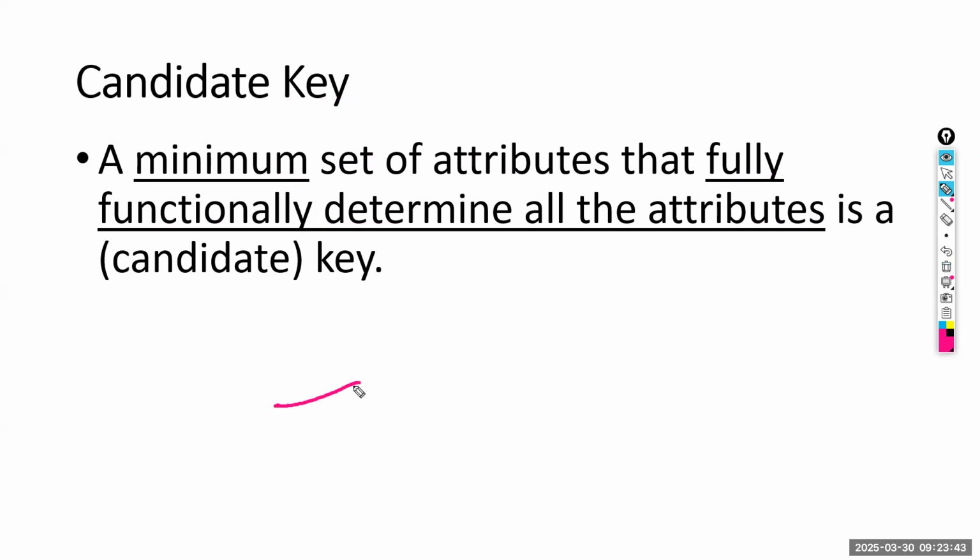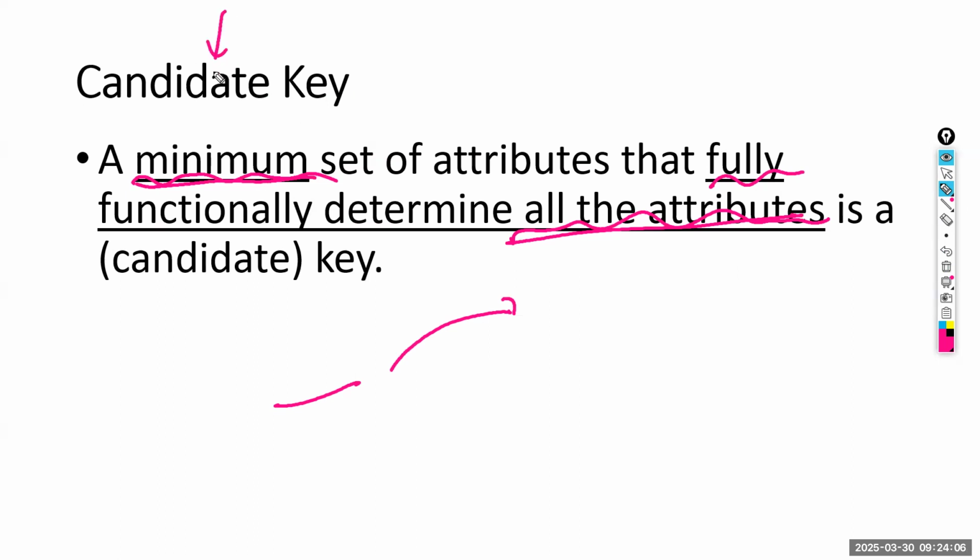That means your candidate key must fully functionally determine all the attributes of that relation. And it must be the minimum. So two words, right? Fully functionally determines all the attributes, and it must be minimum. So then it's a candidate key.